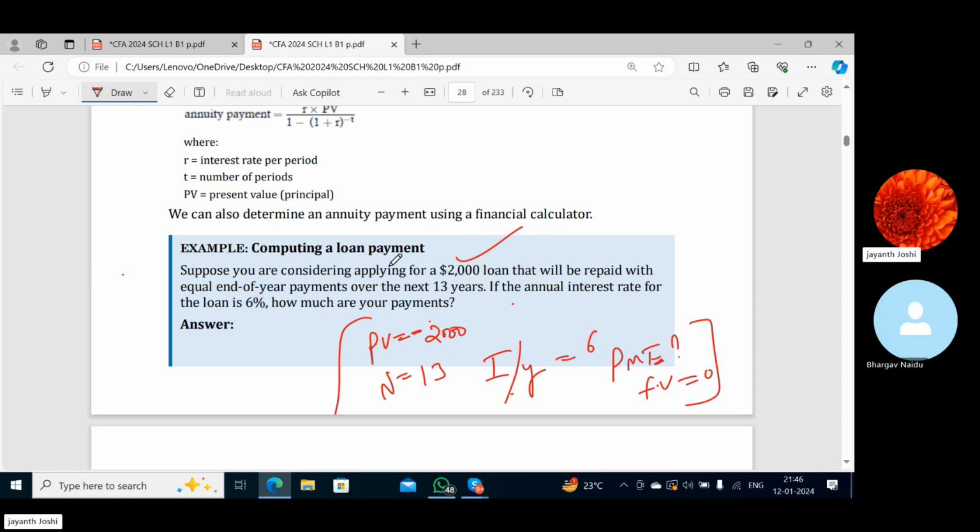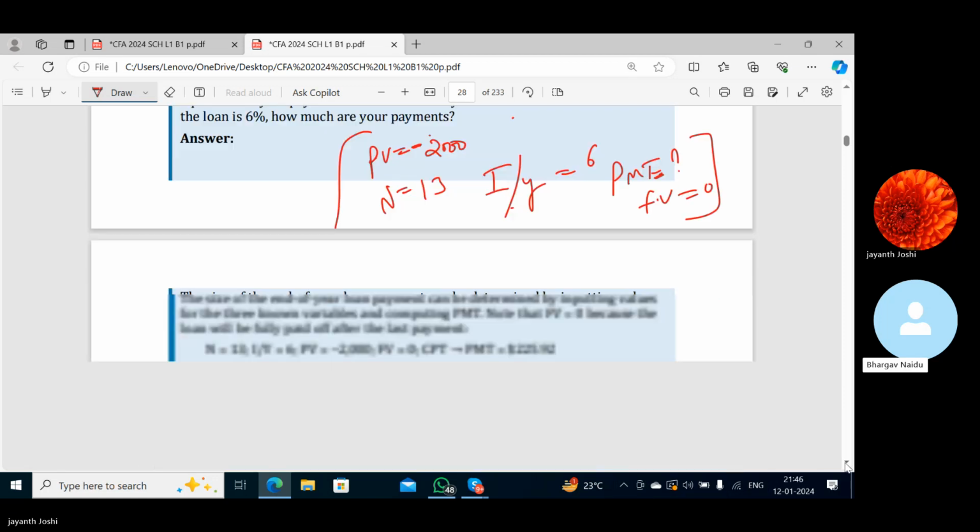Did they say it's a $2,000 loan at the rate of 5% or something? No sir. The last sentence says, if the annual interest rate for the loan is 6%, that means the prevalent rate in the market is 6%. Okay sir, I got it.